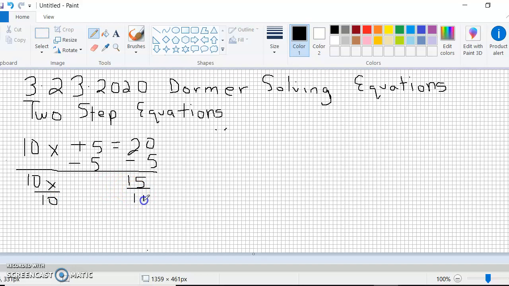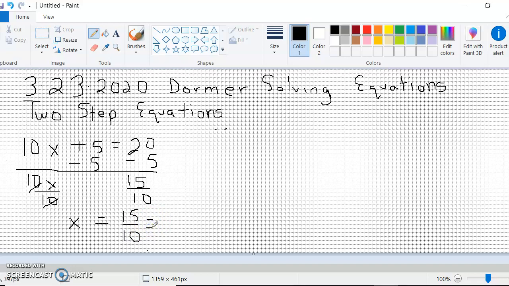Again, you're writing this down. And what you end up with is, okay, cross that out, you end up with x and 15 over 10. Okay. And I can go ahead and put this into an improper fraction.